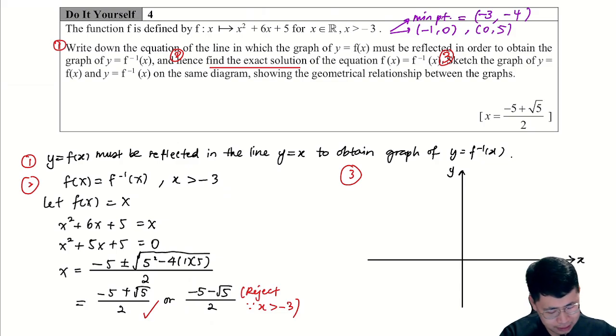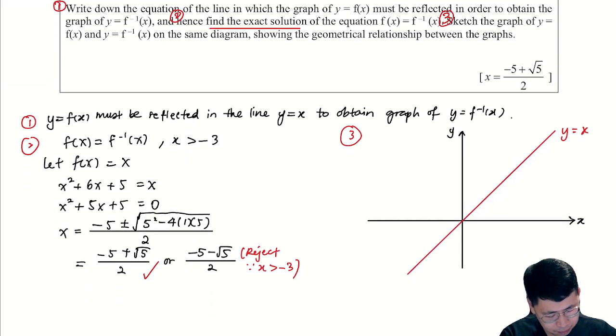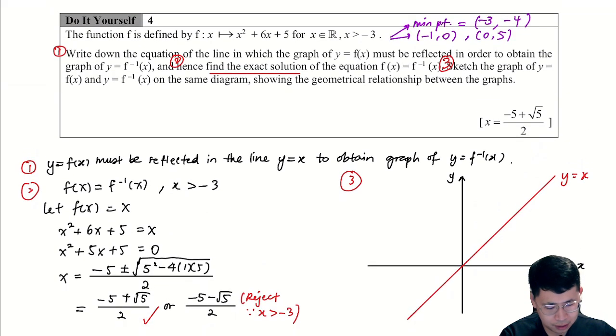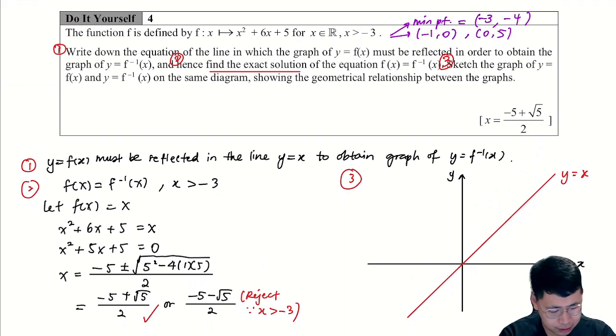Okay, so this is the graph. Maybe let me draw in the y equals x first. So something like this over here. Okay, extend a bit. All right, I think it's time to furnish all these details already. So negative 3 and negative 4 should be somewhere over here. Cannot equal, so should be somewhere over here, right?